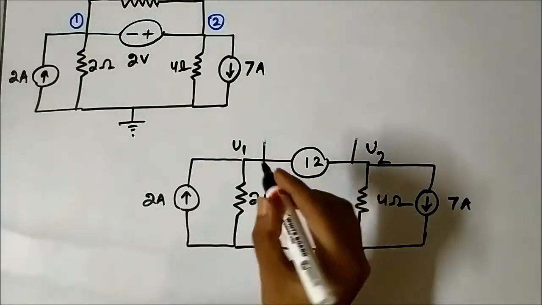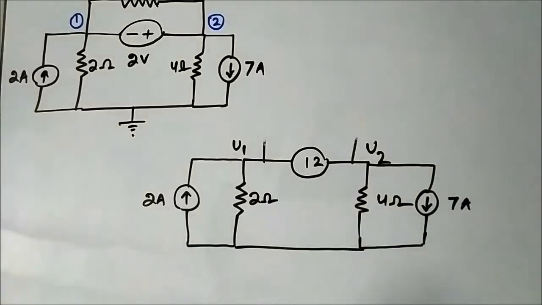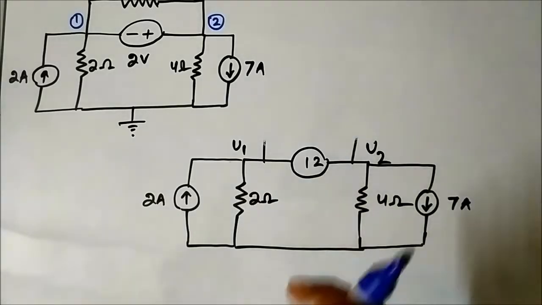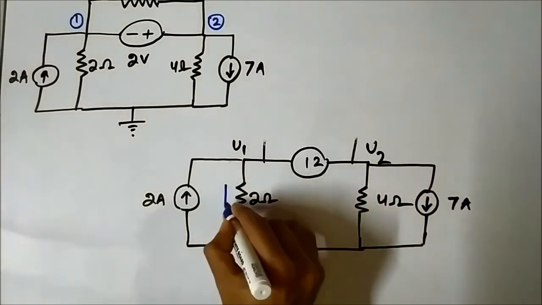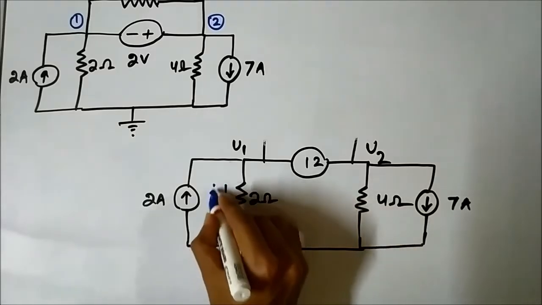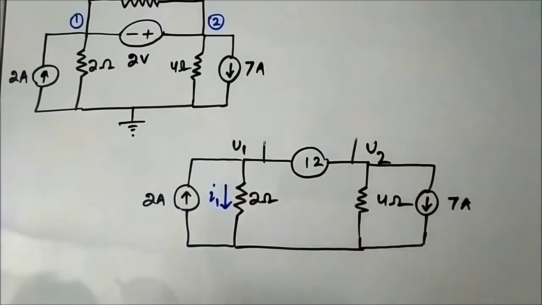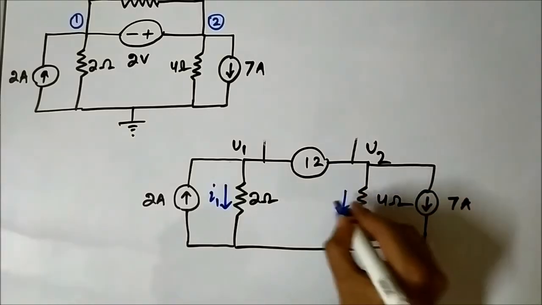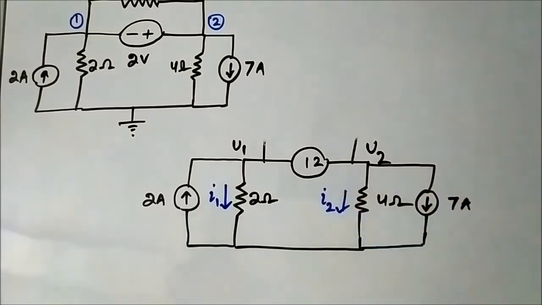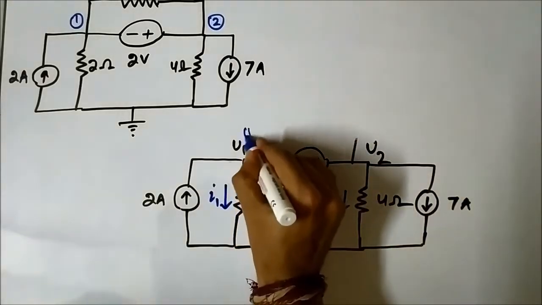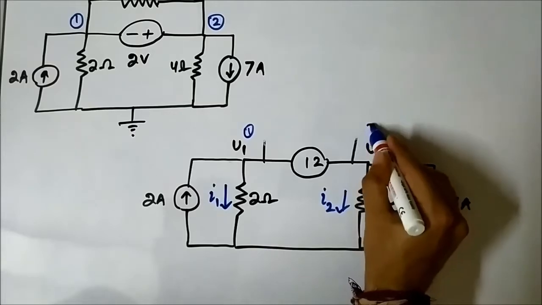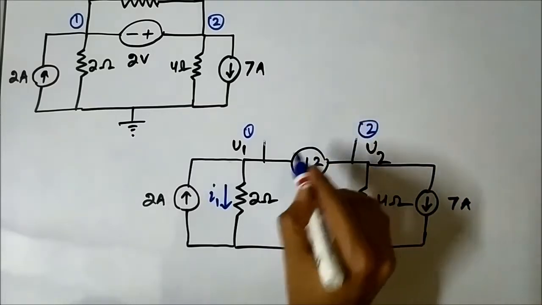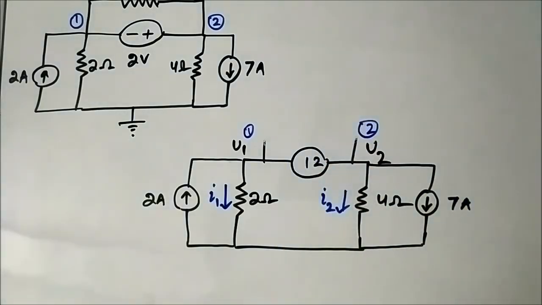If we call the current flowing here I1, and the current flowing through the 4 ohm I2, then this is node 1, this is node 2, and this is node 1 and 2 combined, the supernode, just for analysis here.